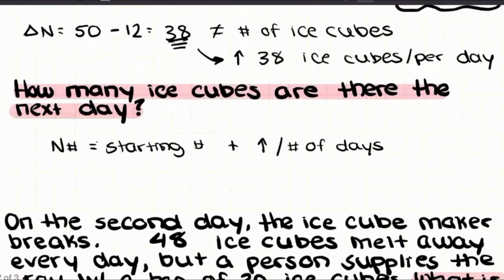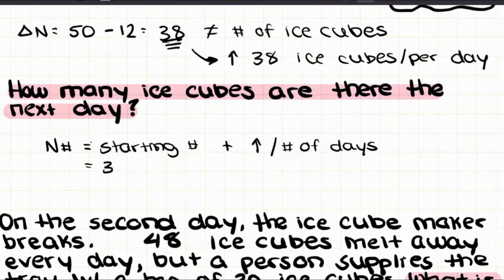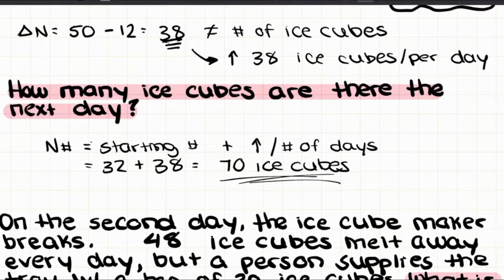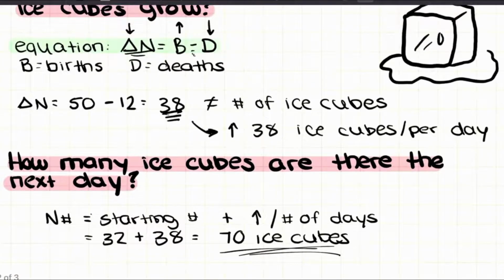Well, that means that if we had 32 ice cubes to start with, and we're looking for how many ice cubes there are the next day, which means there's only one day, we can say that we have 38 ice cubes being added over the course of that day. That leaves us with 70 ice cubes. And that's why understanding the change in population size is so important.